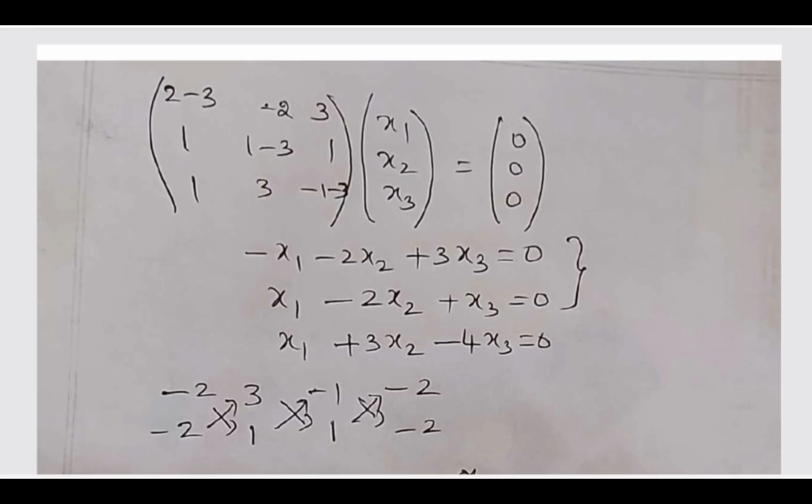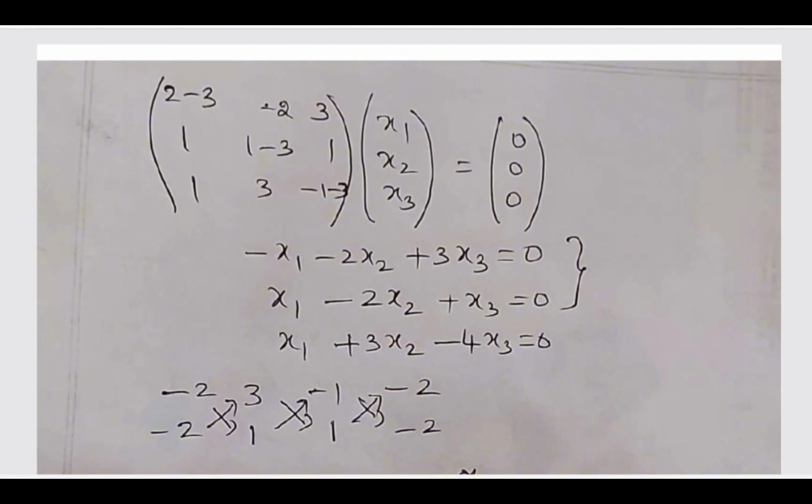Now you see that these three equations are completely different, and you can take any two combination. As usual, I have taken first and second. You can take first and third also, so nothing wrong in that. Then second and third also you can consider. Any two combinations you can take, because all the three equations are distinct and no two equations are same.